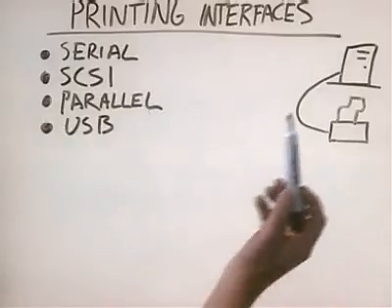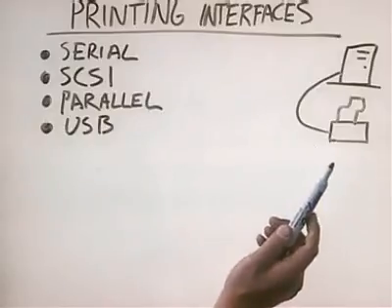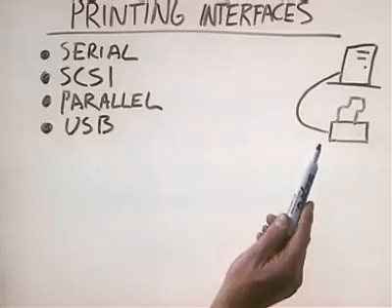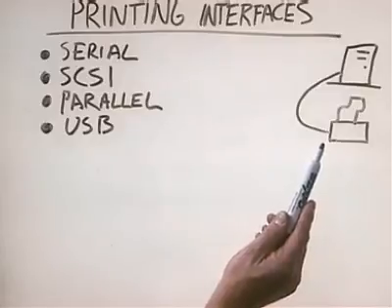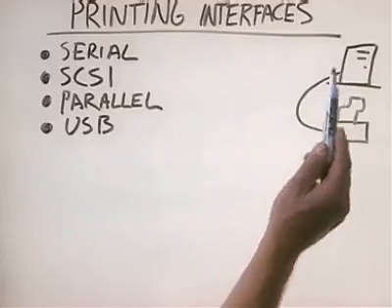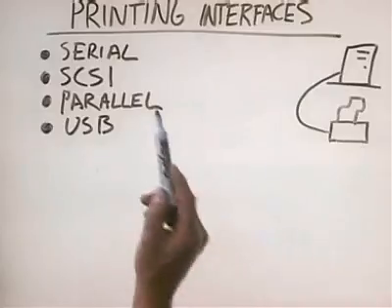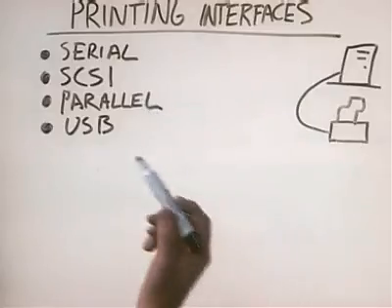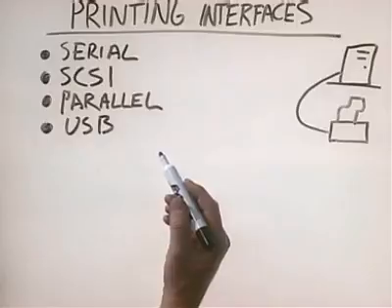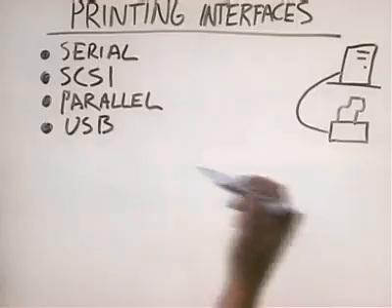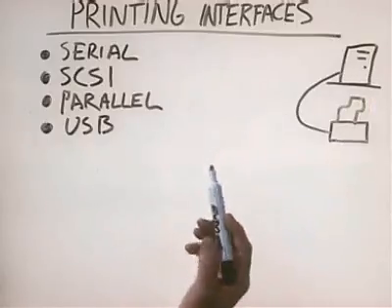When we're dealing with Parallel, unless you have multiple Parallel ports installed in your system, and most folks didn't have that, most systems came with one. You could maybe purchase one extra interface card that had a Parallel port on it. You really can only hook up one printer to a system. With USB, you can hook up lots and lots and lots of different printers, all running off the same system.